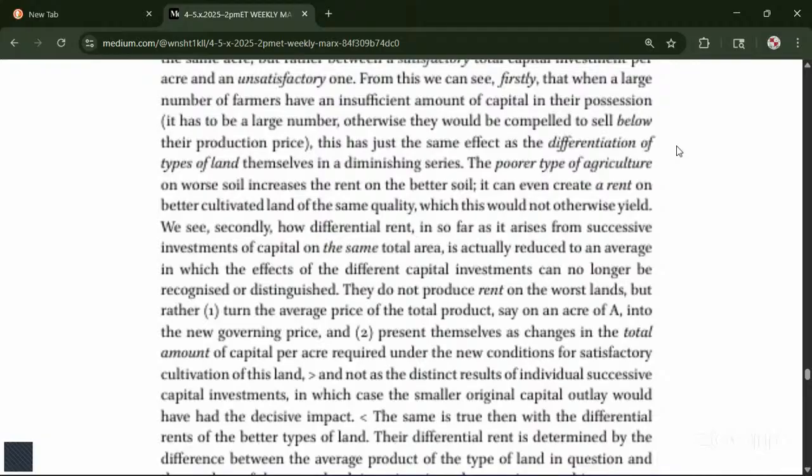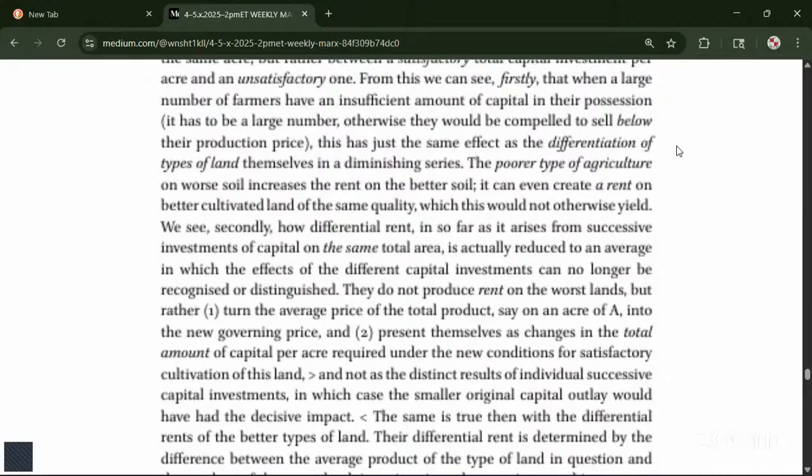And number two, present themselves as changes in the total amount of capital per acre required under the new conditions for satisfactory cultivation of this land, and not as the distinct results of individual successive capital investments, in which case the smaller original capital outlay would have had the decisive impact.